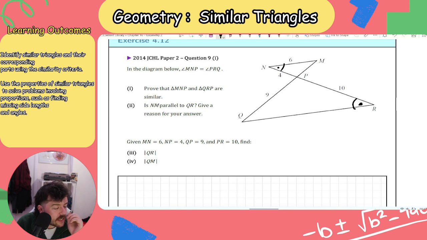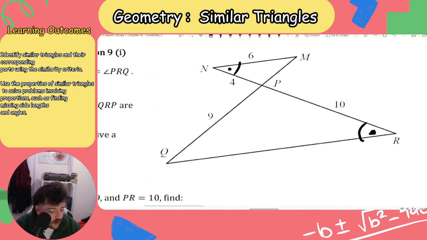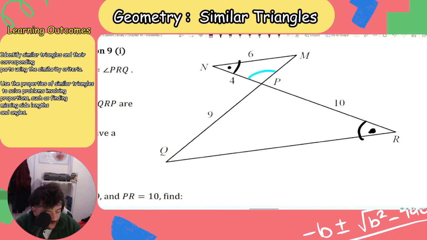So I need to prove that these two triangles are similar. So this triangle is similar to this triangle. I need to prove that all the angles are equal. Well, I know for a fact that this angle here is equal to that angle here because opposite angles are equal to each other.